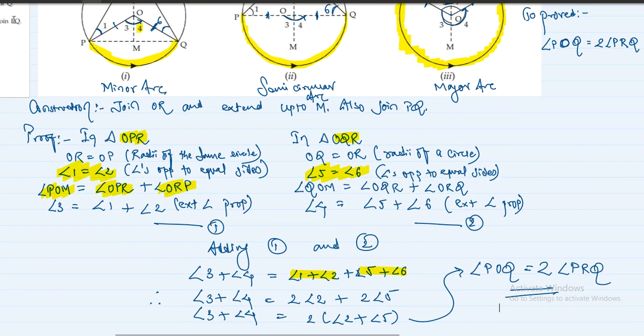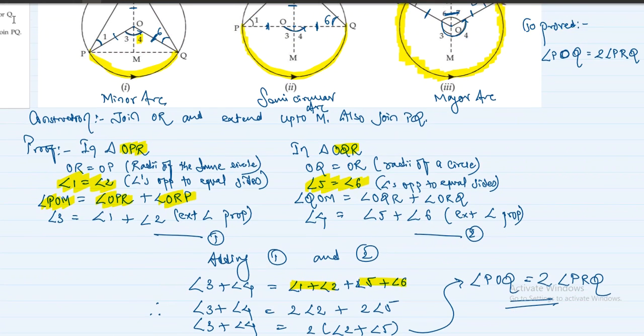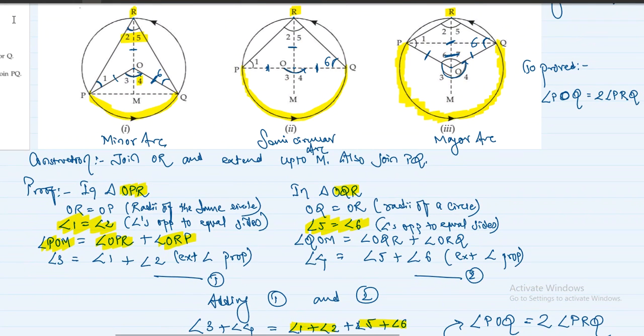That's what we have proved. So no congruency, nothing is required. Simply we have proved by isosceles triangle property, angles opposite to equal sides are equal, and we have used the property of exterior angle, and we have created two equations, added them, and we have proved this theorem.